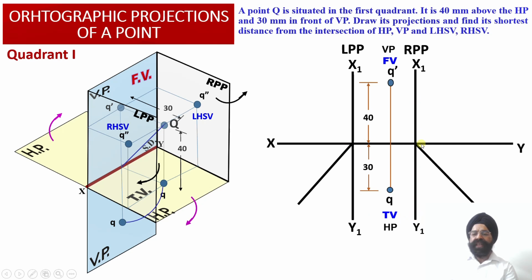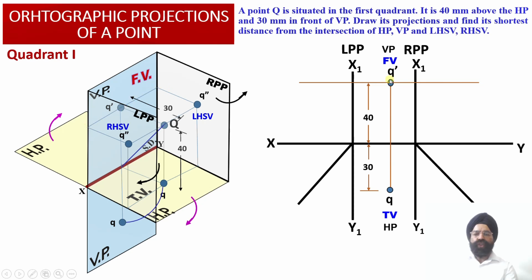Through these two intersection points, we have obtained two transfer lines over here. Through these transfer lines, we will be able to transfer the distance of the plan projection point from the vertical plane into the profile plane. As we have already discussed, the right hand side view orthographic projection, the left hand side view orthographic projection and the front view orthographic projection, all these three are available at a height of 40 millimeter from the horizontal plane.